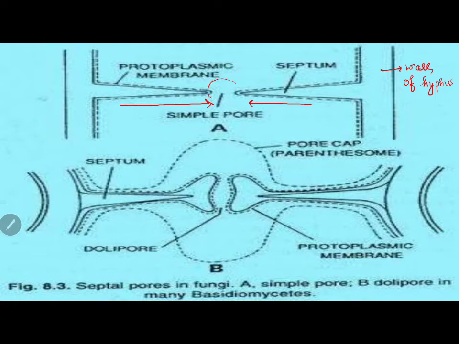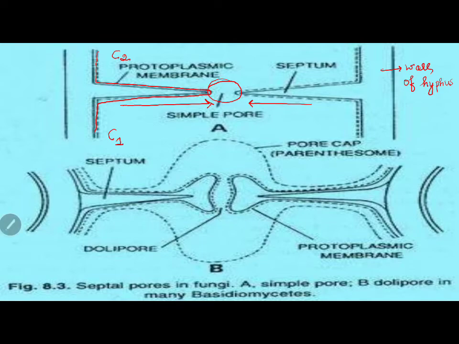And now I can see a simple pore and the protoplasmic membrane. That means the membrane of this compartment and the membrane of this compartment, you can see how it reverted on the septa, communicating with each other. This is the simple septum and septal pore.